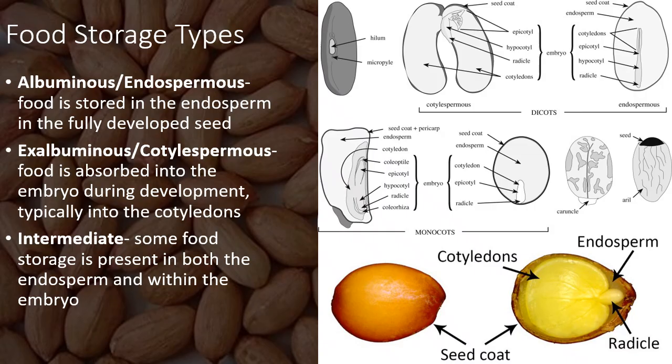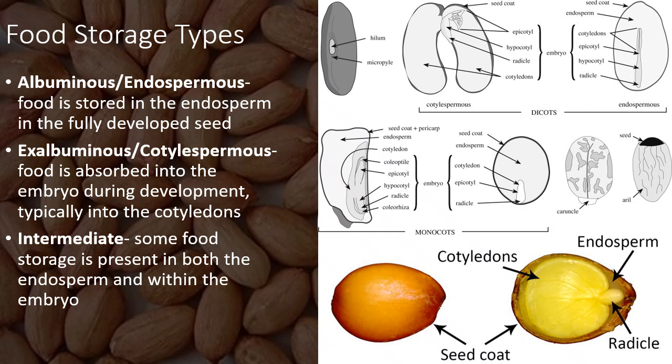So, in our first food storage type, endospermous seeds or albuminous seeds, they store their food in the endosperm in that fully developed seed. If we look at this diagram at the top, in the top right corner, we have an endospermous dicot seed, right?